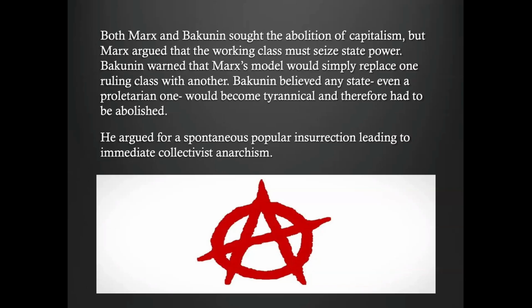The communist state or the capitalist state doesn't matter, right? You're just replacing one ruling class with another. So Bakunin believed that any state, even a proletarian state, would become tyrannical and therefore had to be abolished. And so he argued for a spontaneous popular insurrection leading to immediate collectivist anarchism. So anarchism was the only solution.